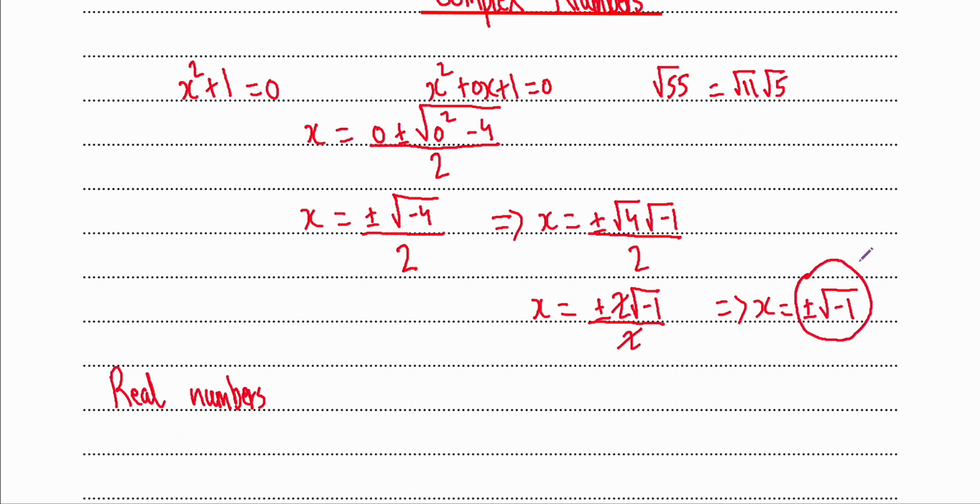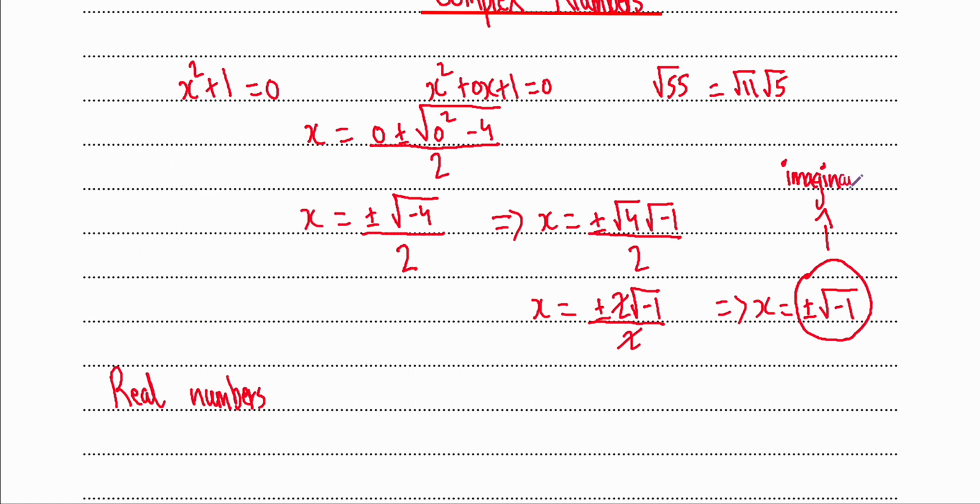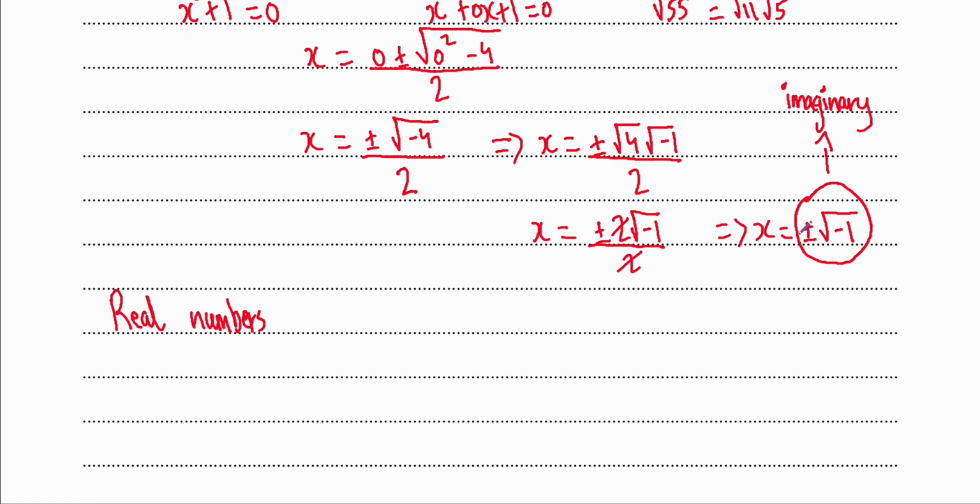Instead of admitting that we don't know what it is, we'll just call it an imaginary number, because why not? We're not going to accept defeat from numbers, so we're just going to say that's an imaginary number. So we have real numbers, which we know, and now we have imaginary numbers, which we see where they come from, but we don't really know what it is.